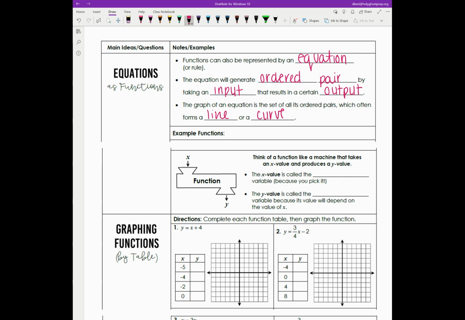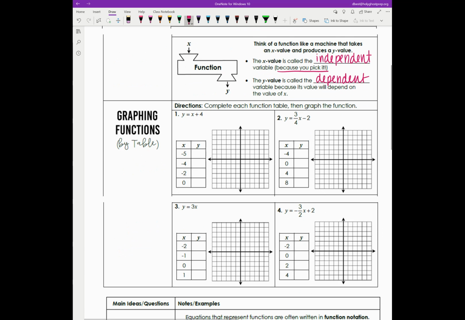Remember that x is called our independent variable, and you always get to pick the x values. If you remember in class, I made you all pick a number for x and we plugged it into equations and we got y's back. That's what we're doing with our functions. And our y value is our dependent variable because it depends on what we chose for x.